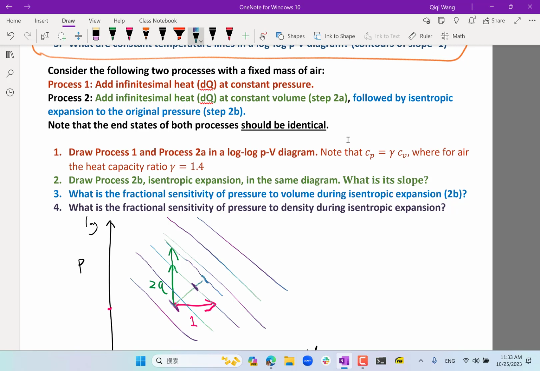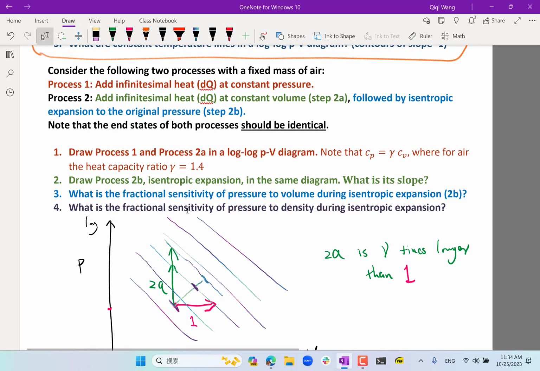And if one is 1.4 times higher in the oblique direction, it has to be also 1.4 times longer in its own direction, just because these are 45 degrees. So basically, 2a is gamma times longer than 1.